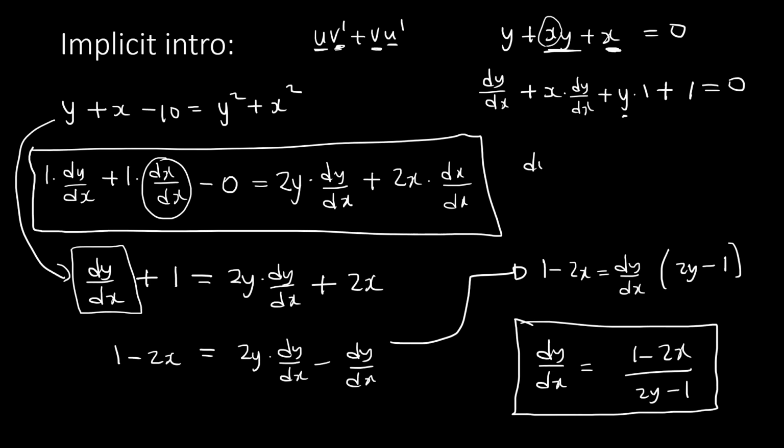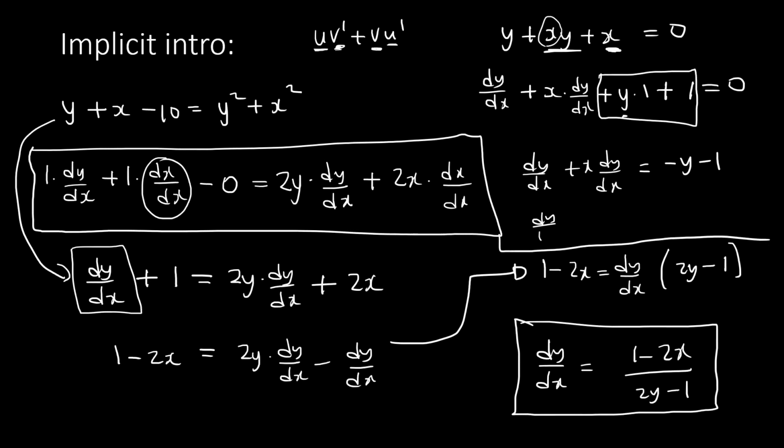I'll have dy dx plus x dy dx equals minus y minus 1 if I take this to the other side. Your next step is to take out dy dx as common. I'll be left with 1 plus x equals minus y minus 1, then you divide by 1 plus x to solve for dy dx.